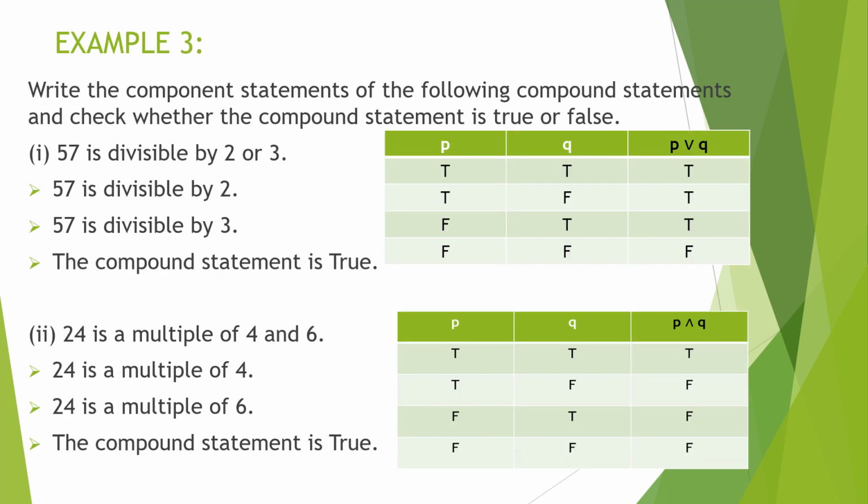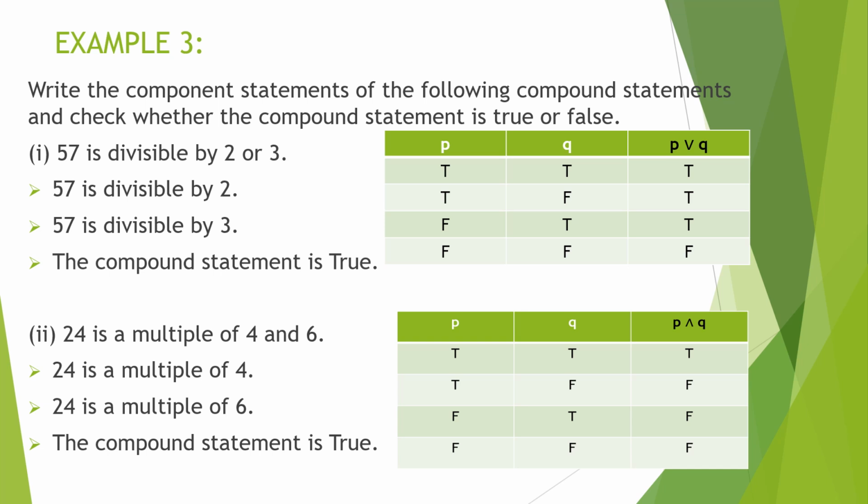Example 3. Write the component statements of the following compound statements and check whether the compound statement is true or false. 57 is divisible by 2 or 3. The component statements are 57 is divisible by 2, 57 is divisible by 3.